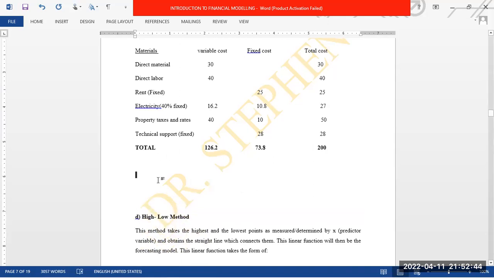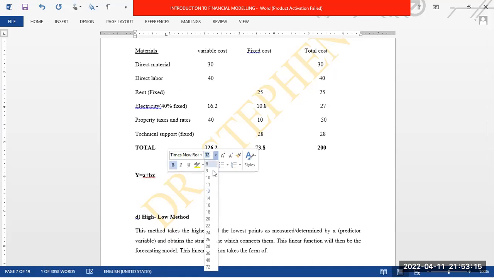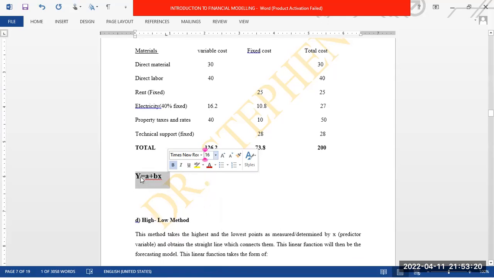The equation is in the form of y equals a plus bx. This is the equation we are supposed to use, and this equation should give us the total cost function.